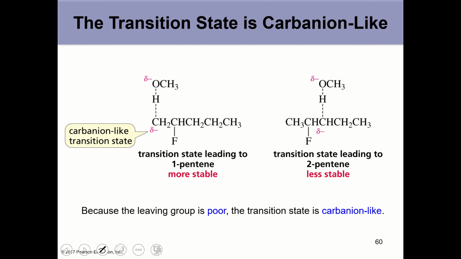The transition state, when we have fluoride, is similar to a carbanion transition state. And part of the reason is that fluorine is very electronegative. And in a carbanion transition state, the less substituted carbon having a negative charge is the most stable position for the negative charge.